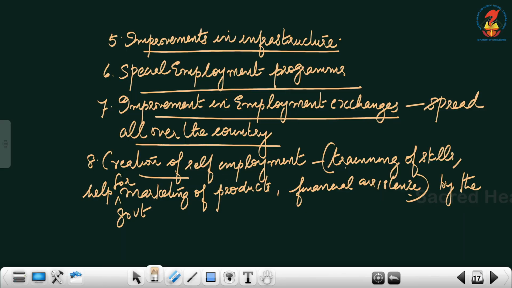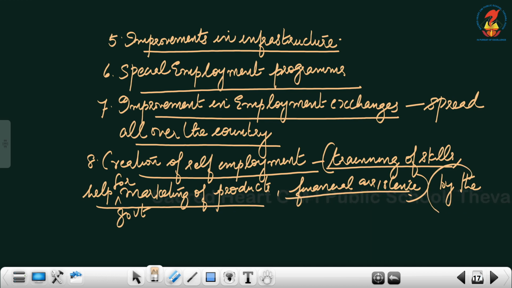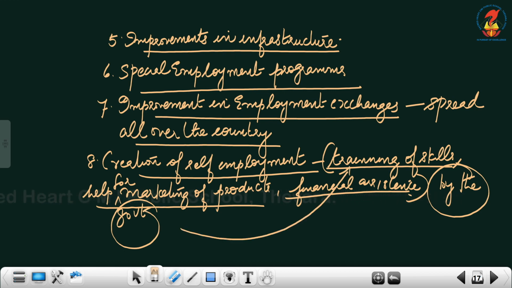Then comes creation of self-employment, that is training of skills, help for marketing of products, financial assistance. All these should be provided by the government. Government should provide education or training of skills so that skilled people can be generated. Government should help especially the farmers of the rural areas with marketing their products.